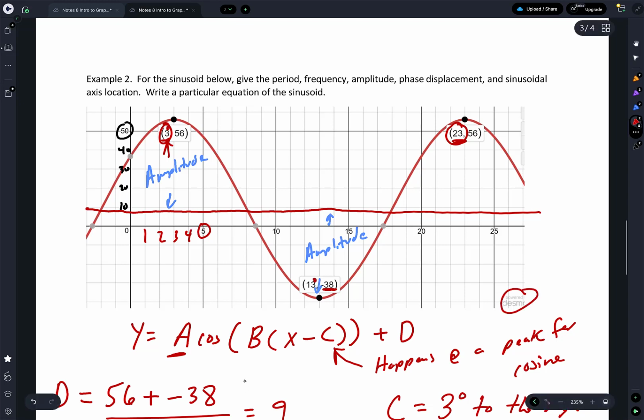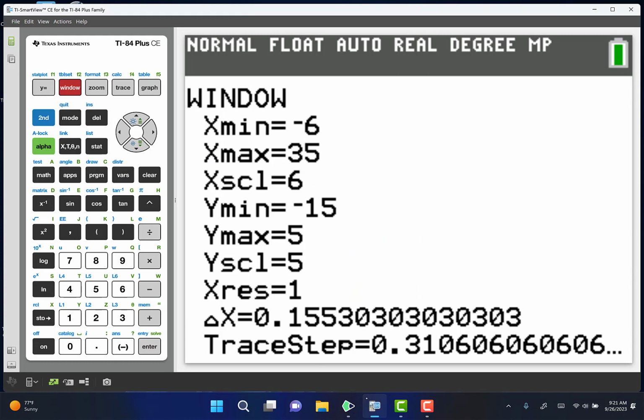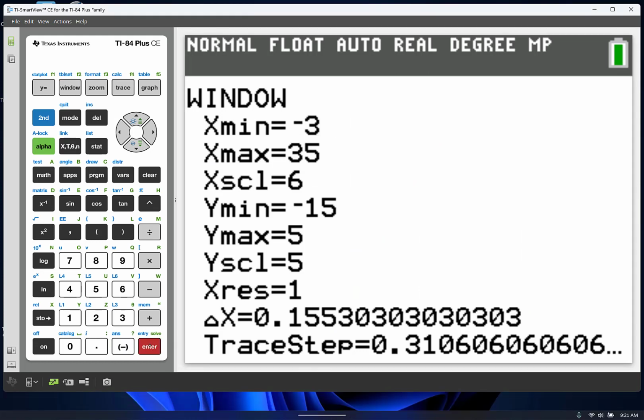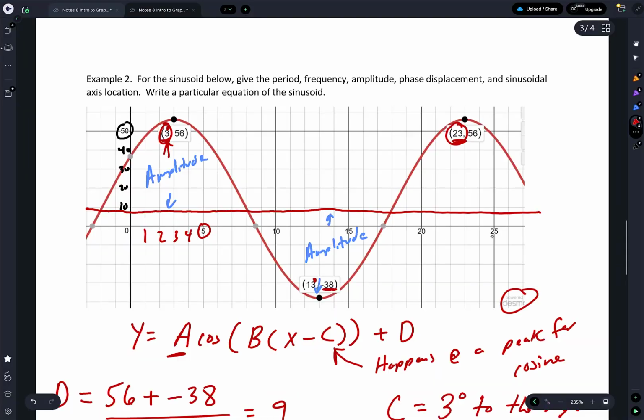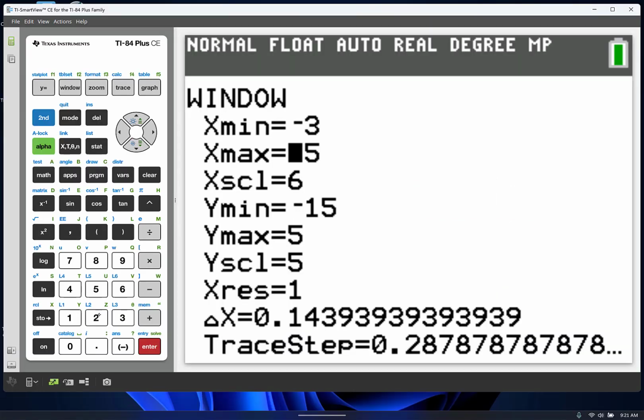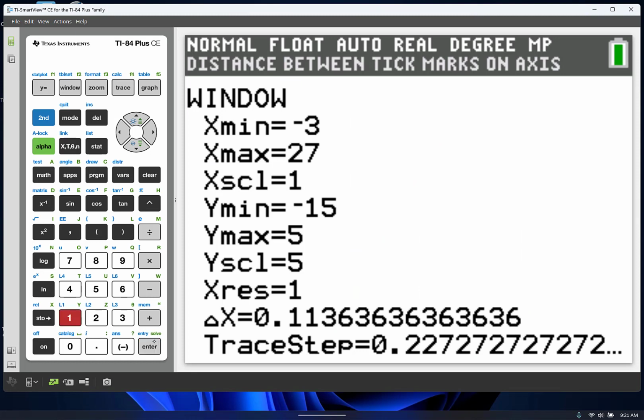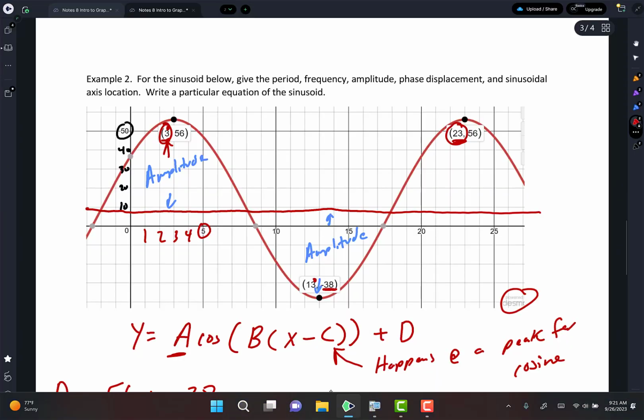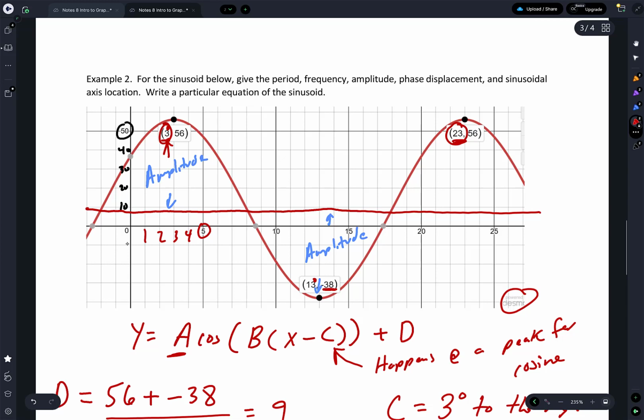So here we go. I'm going to put negative 3. And then x max, let's see, 25, 26, 27. And then x scale by 1. Y min, let's see, these are by 10, 10, 20, 30, 40.